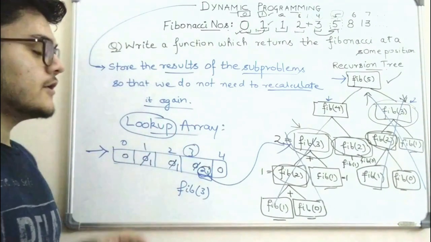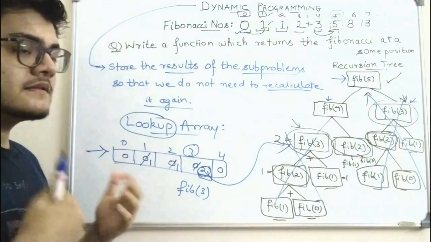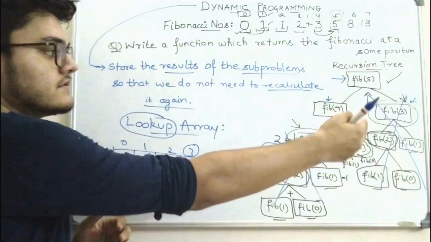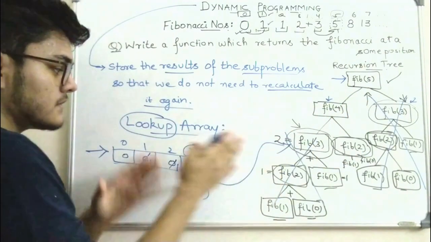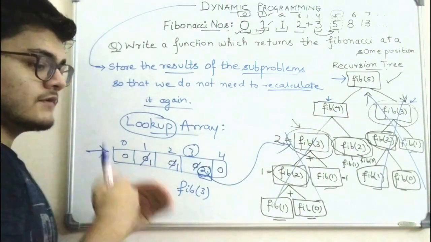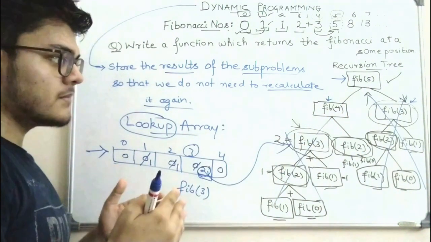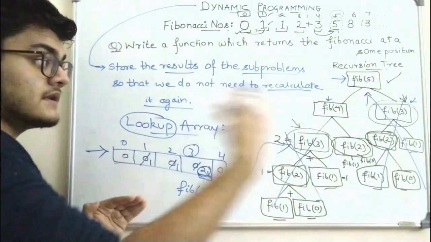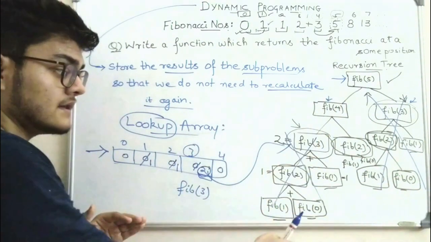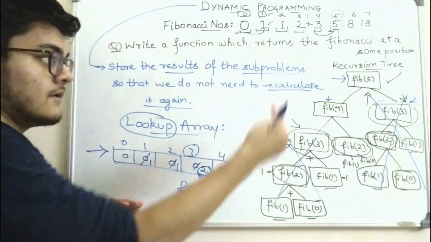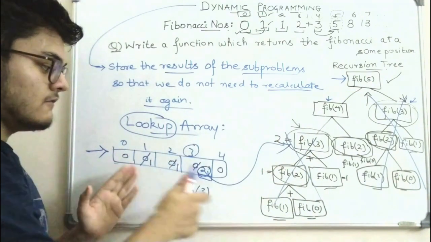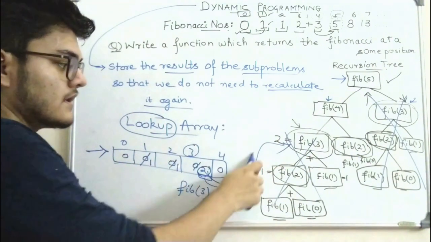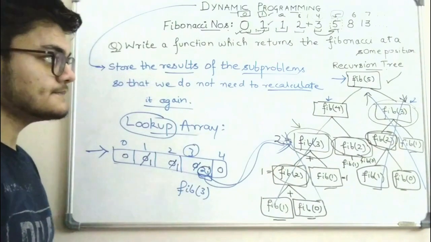We will just create a lookup array, or we can create any other data structure, and we will store the results of these subproblems in this array. So whenever we calculate a subproblem, we store the result in this array, and whenever this problem occurs again in the recursive tree or in the recursion step, we are just going to insert the value here.